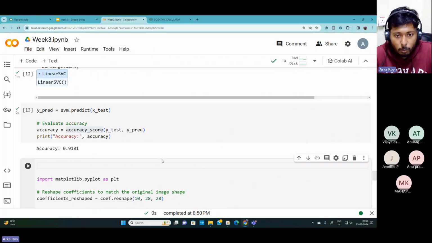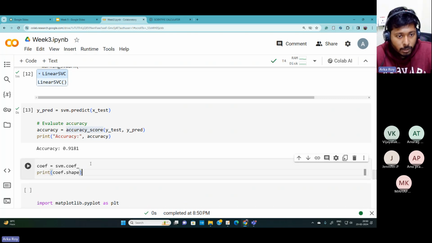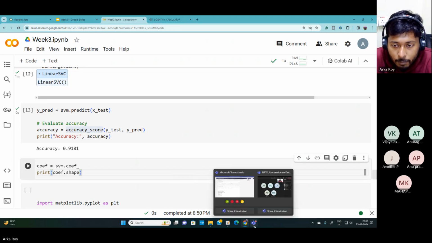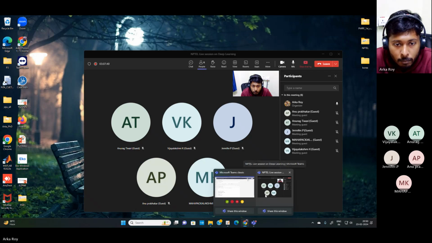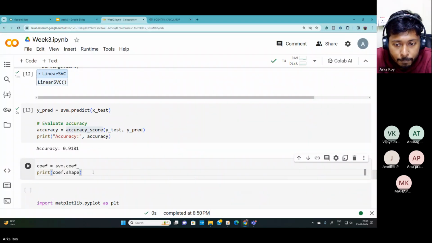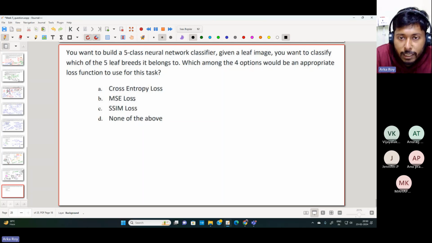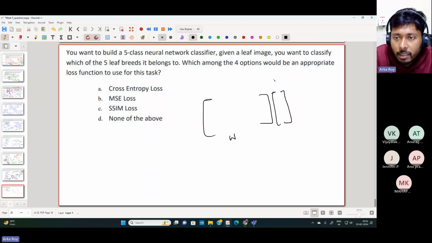Can anyone tell me what will be the shape of the weight matrix? Anyone? In case of a linear SVM, you have seen that there is a weight matrix W, and you multiply it with some feature.